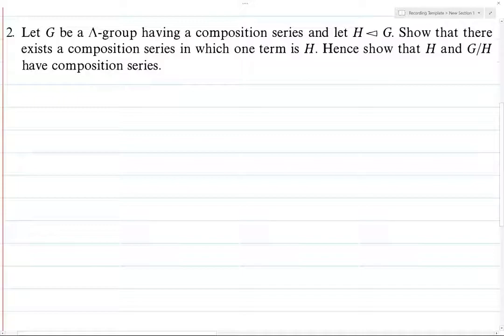Typically the standard thing is to just talk about a group having a composition series rather than a lambda group, and I think there's not really much more formalism to it. There's not many more things you have to check. It just makes it a little more general, and you don't have to put a lot of work in.